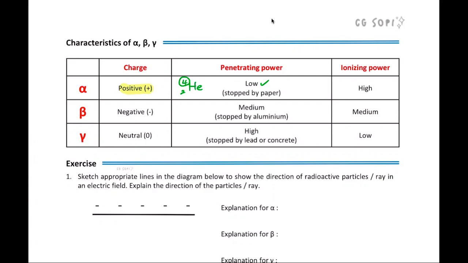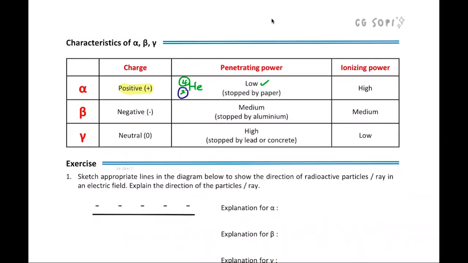It can be stopped by a piece of paper, and it can also be stopped by our skin. But in terms of ionizing power, alpha particle is very high. This is because the charge is plus 2, which is quite high. So ionizing power for alpha particle is high.